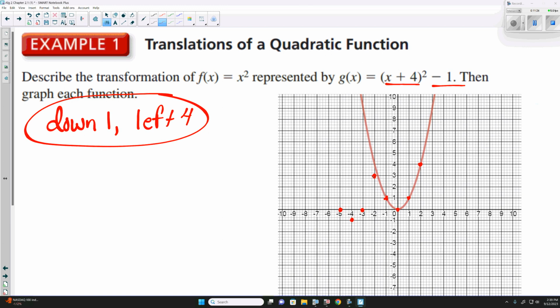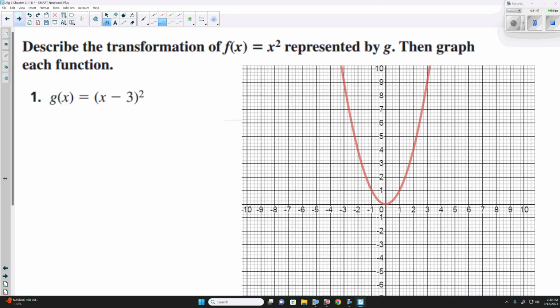And we could do the same thing with negative 1, 4, or negative 2, 4. And we get these points here, which give us a U-shaped graph. There's our new parabola. But I'm not going to ask you to graph them. I'm just asking for the transformation.